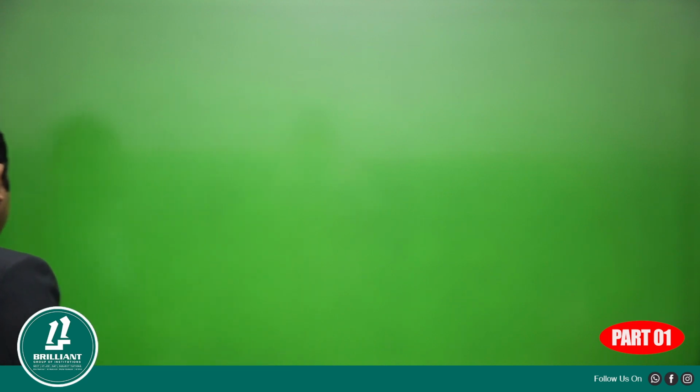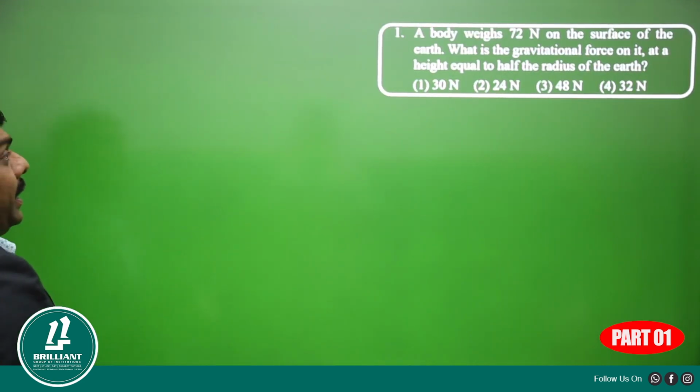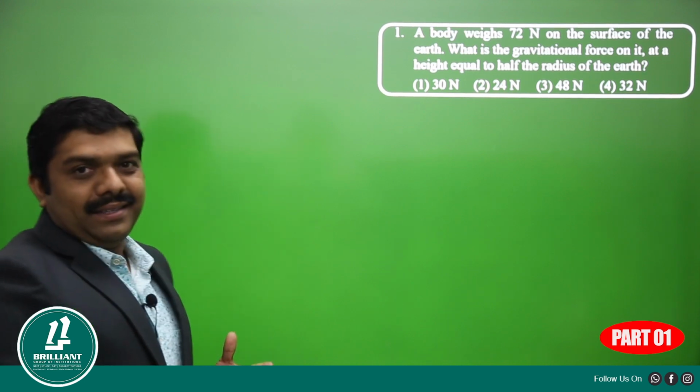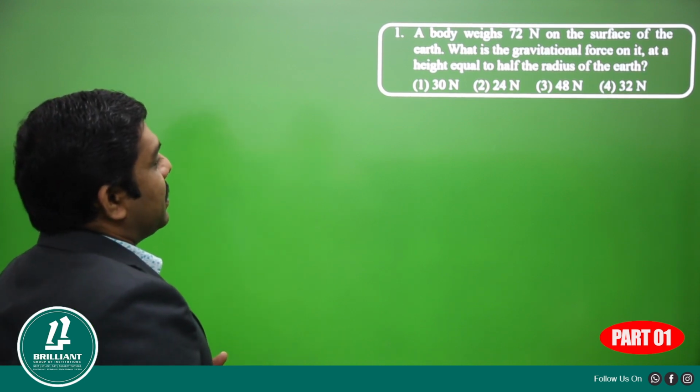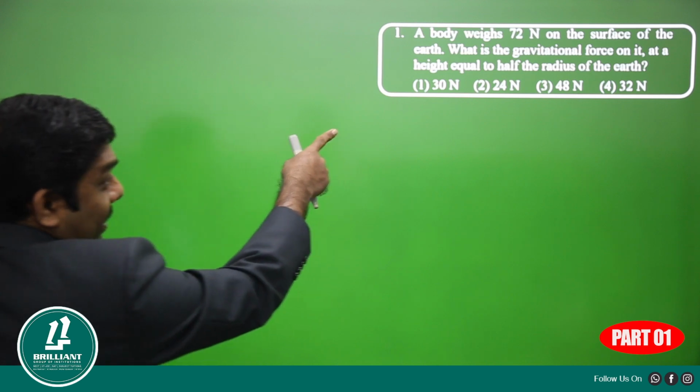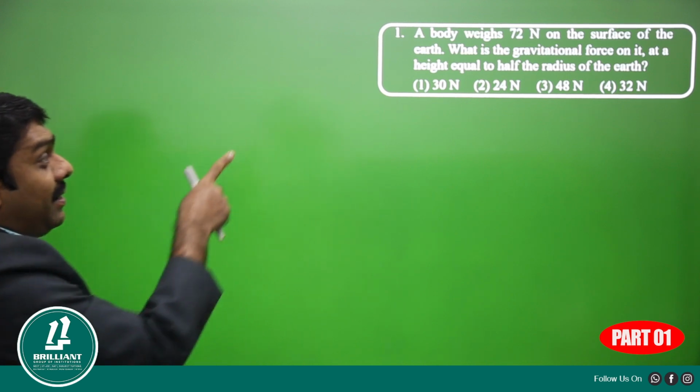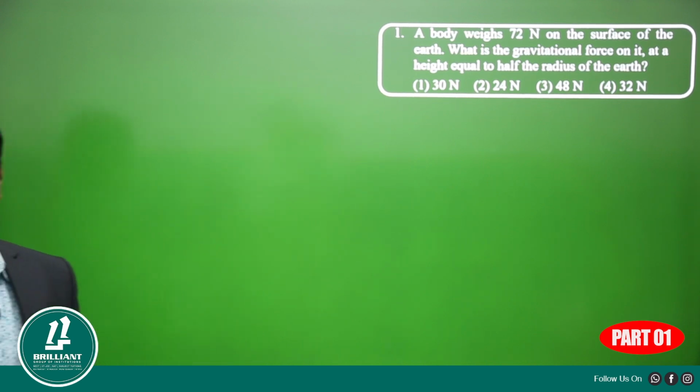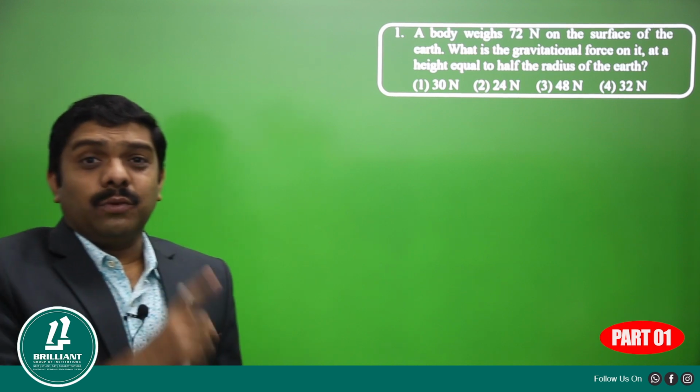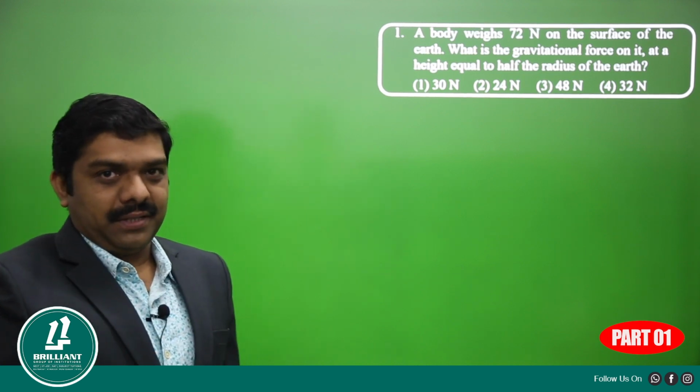The first question: a body weighs 72 Newton on the surface of the earth. What is the gravitational force on it at a height equal to half the radius of the earth? See, this is a question from the chapter Gravitation.